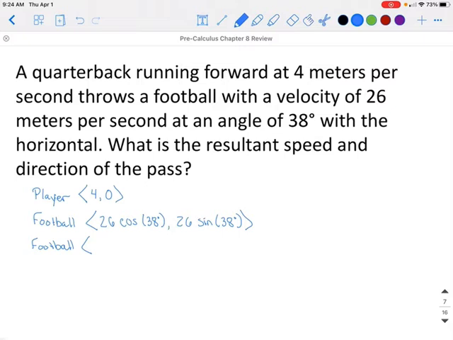So when we find the component form, we're going to see that the football has a vector of 20.5 and 16. So we need to find the resultant vector. To find the resultant, you're just going to take the player and add it to the football.